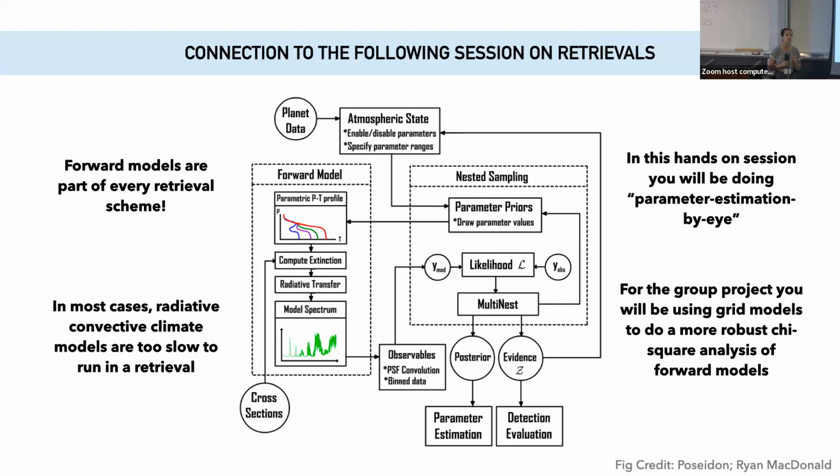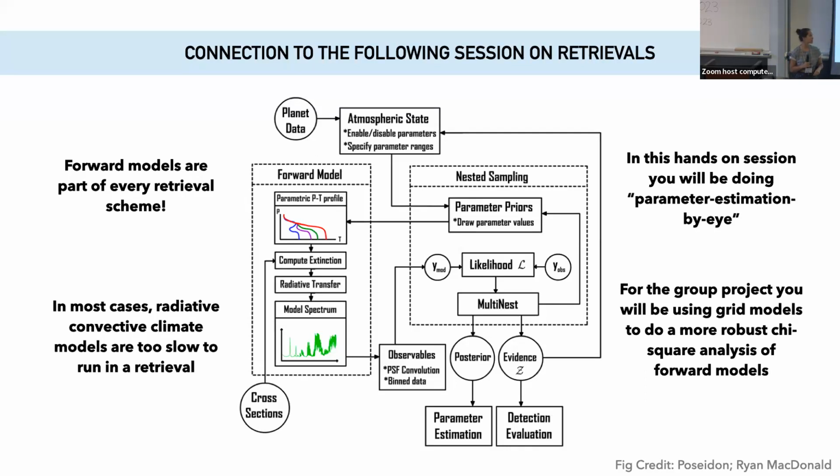The piece that is usually different between codes is the radiative convective climate model, which is often too slow to run within a retrieval framework. So you can see in this schematic, in the little image of the PT profile, you're often using parameterizations of pressure temperature profiles instead of actually running radiative convective models. That's one major piece that's going to be different between this and the next hands-on session.